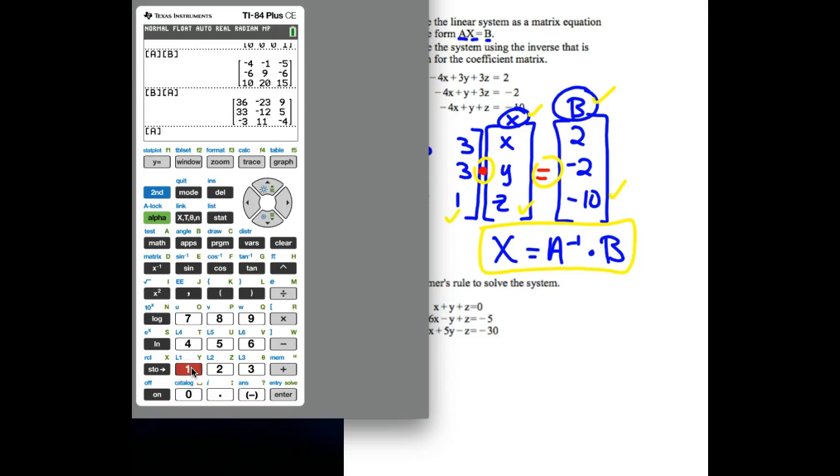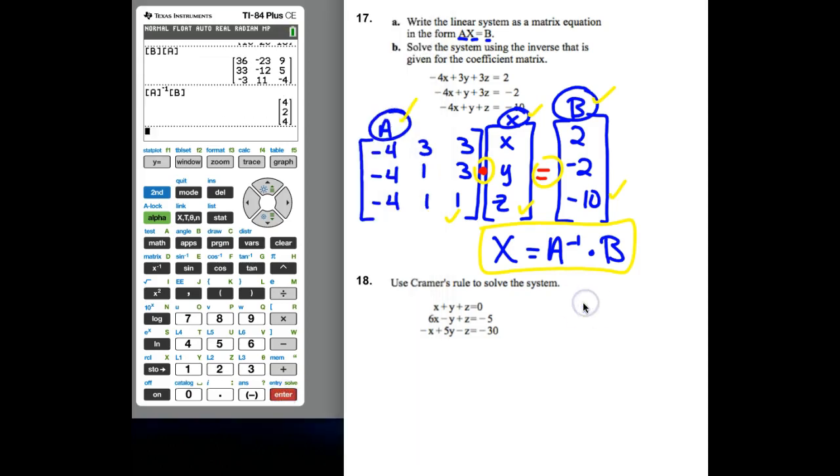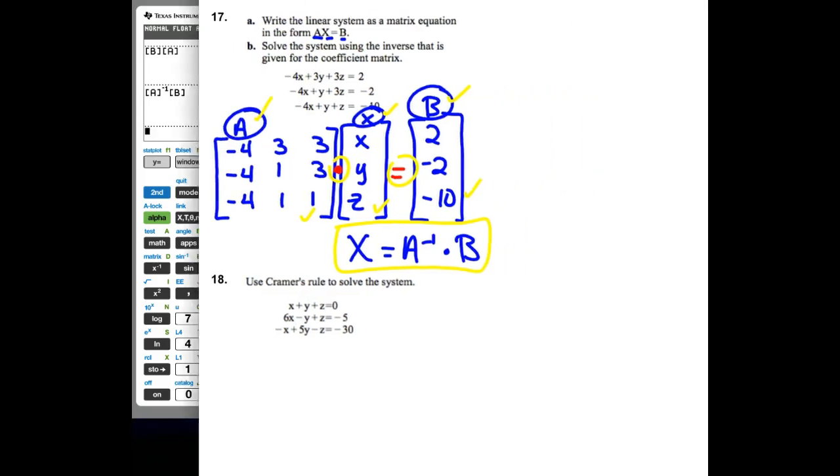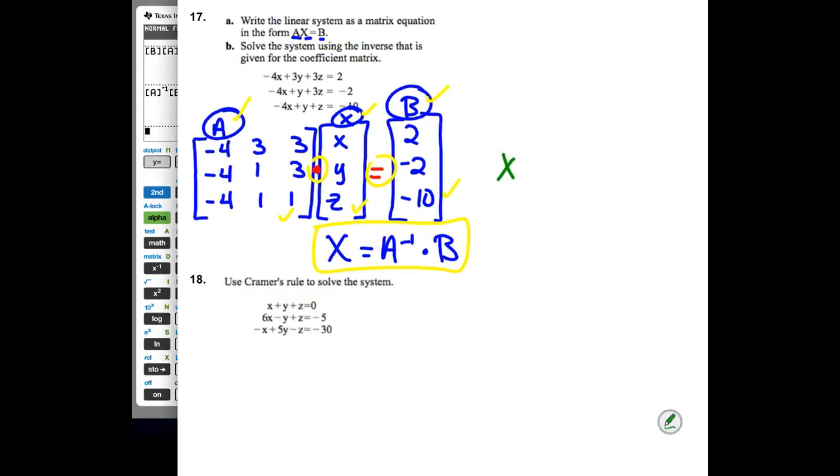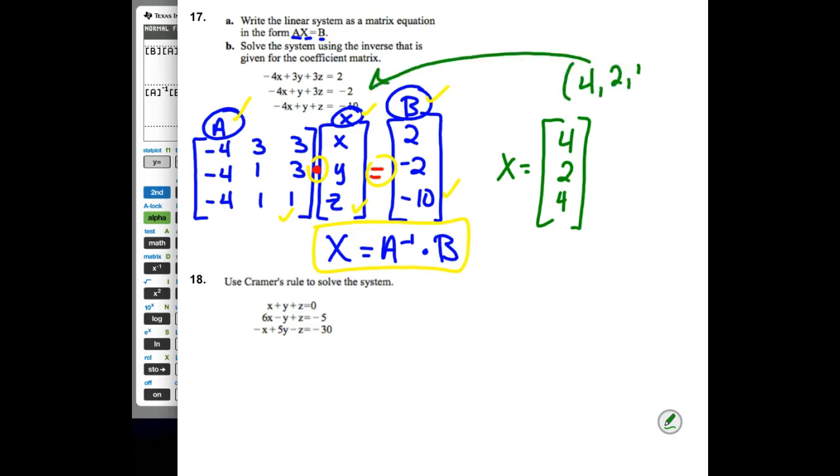Okay, I want A. Then I need to hit my inverse key. Then I go back into matrix and pick B. So I have the inverse of A times B, and I end up with 4, 2, 4. So I would say matrix X is 4, 2, 4. The solution to this system of equations would be the ordered triple 4, 2, 4.